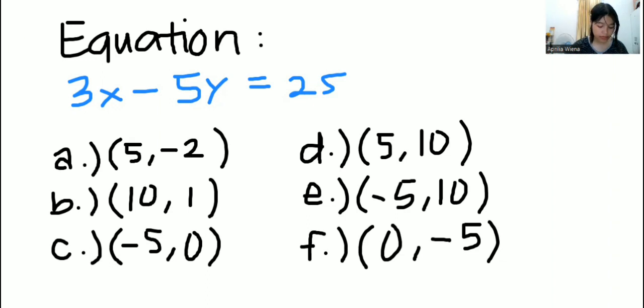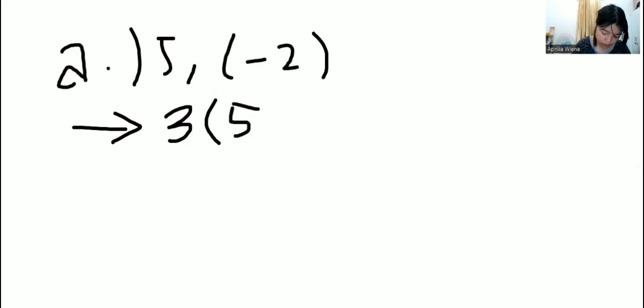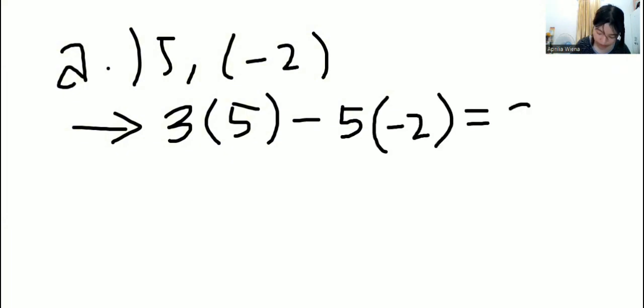So the first one is point A, 5 and negative 2. So we have to solve this first with simple equations. We have to substitute the x and y to the points here. 3x, we substitute with 5, and minus 5y, we substitute with 2, equal 25.